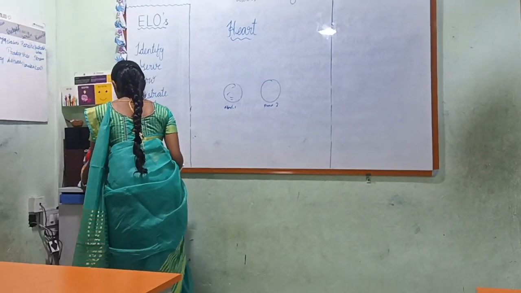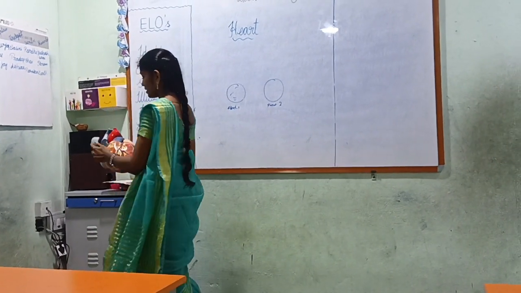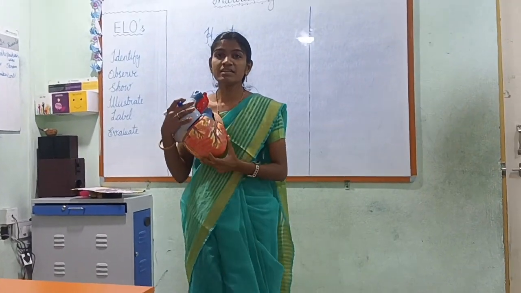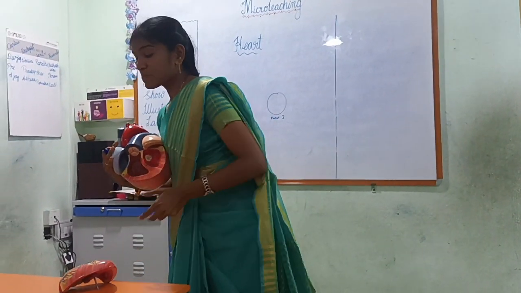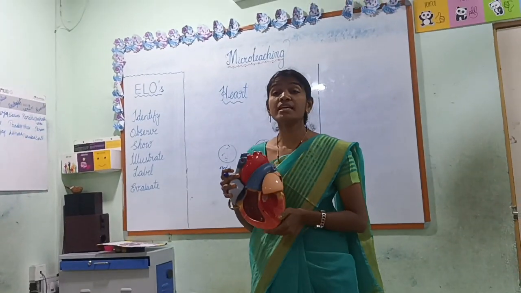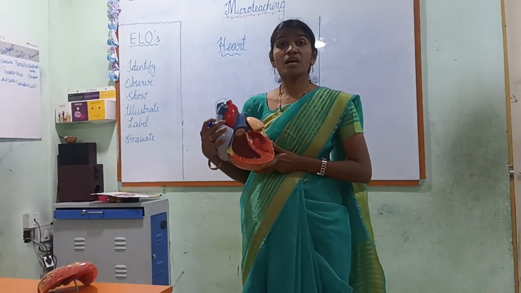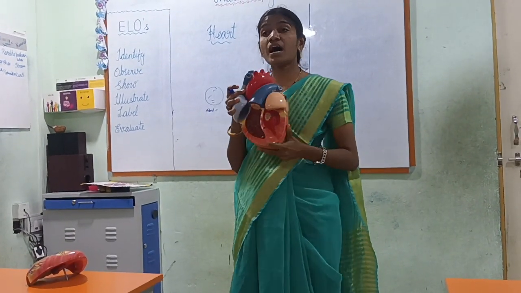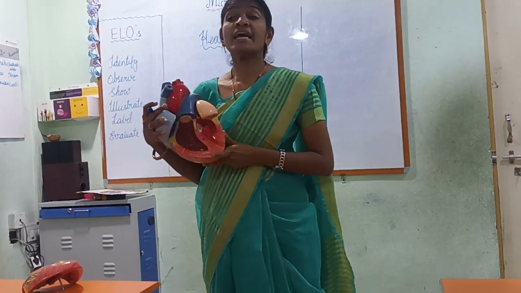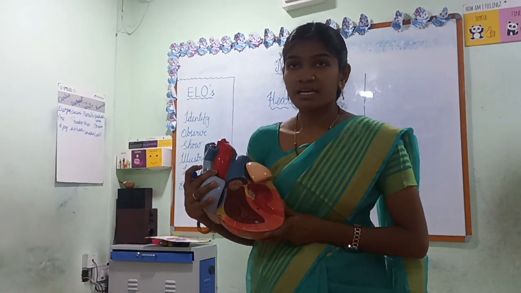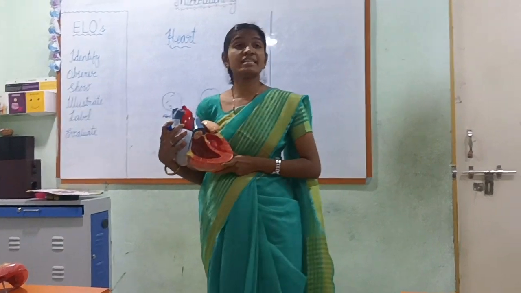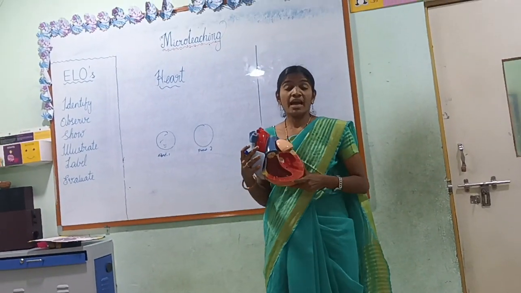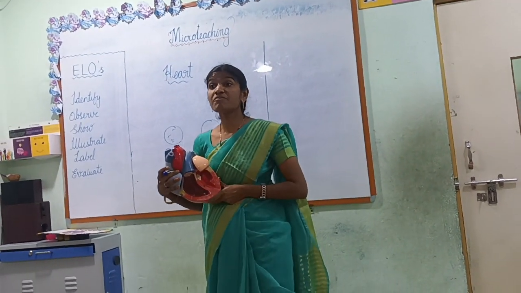What is this one? Heart. Okay. The heart is a muscular organ. The heart is a pear-shaped organ. It lies between the lungs and it is slightly tilted to the left side, and it is about the size of a fist.